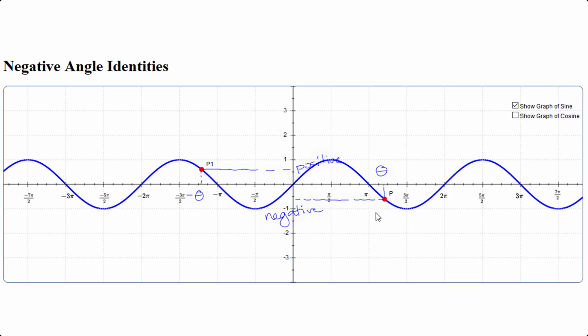So what that means is no matter what the sign of the result of the sine function is, you're going to get the opposite sign as your answer. So in general, sine of negative theta is equal to negative sine theta. No matter what angle measure you put in, if you put the negative of that angle measure in, you're going to get the exact same value as the sine function would normally give you, but it's going to be the opposite in sign.